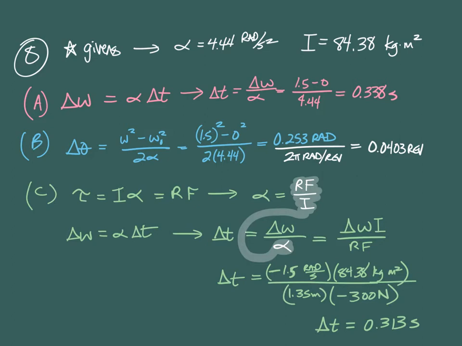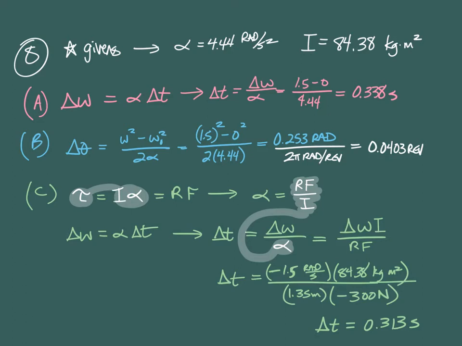So just to kind of review quickly, right here in part C, we immediately knew that we were dealing with torque, which said, okay, I can think of torque in the I alpha form, which is good given that I was given the acceleration and given the rotational inertia. This is a good thing to know.